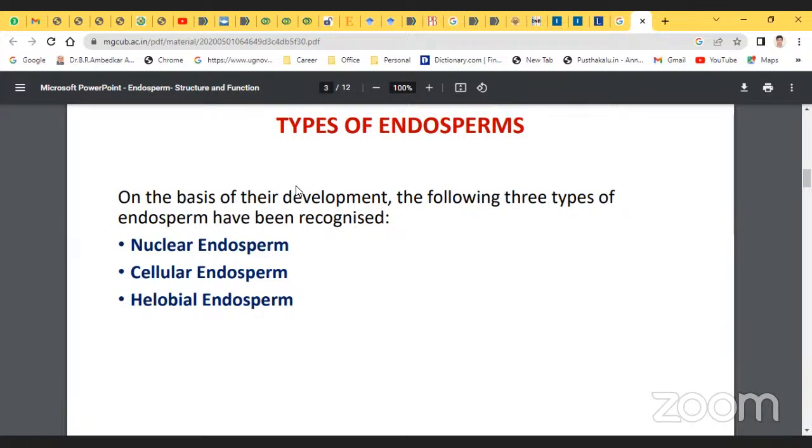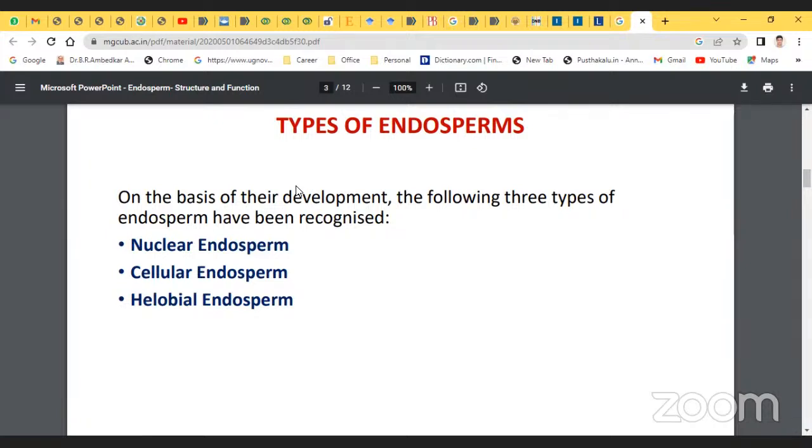The cellular endosperm occurs in 25% of families, in the dicotyledons. In monocots, only 2 families, Araceae and Lemnaceae. Helobial endosperm is found only in monocotyledon families, like grasses. Clear?